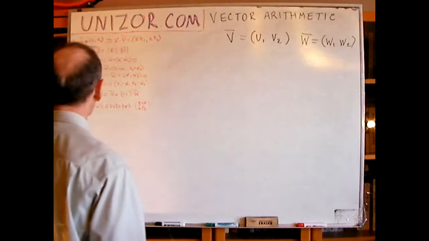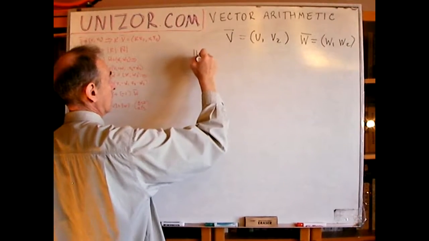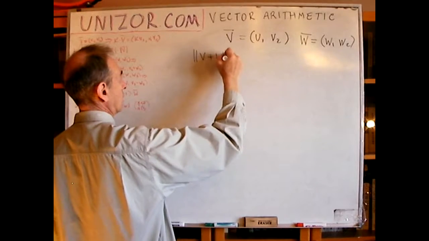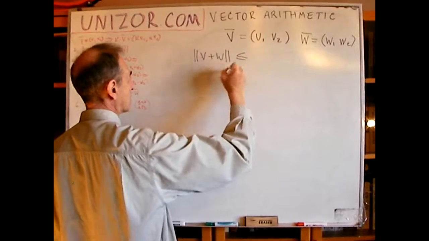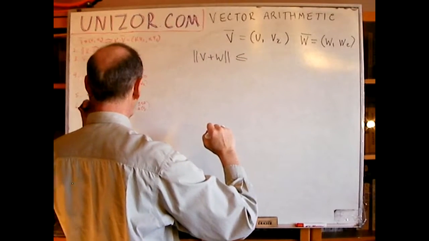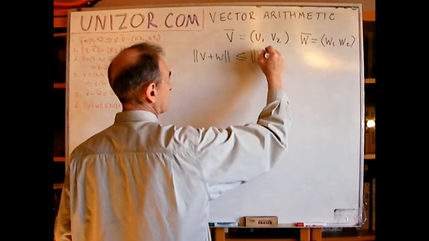Okay. The last problem is this one. The length of the sum of two vectors is less than or equal to the sum of the lengths of the one plus the other.